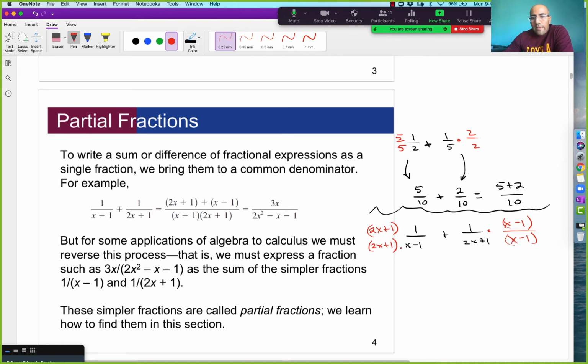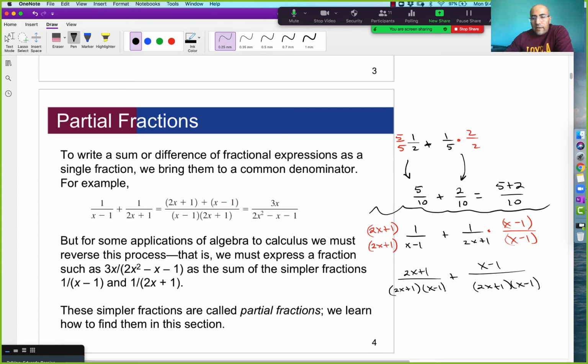And now we'll have a common denominator, which will be the product of these two under both fractions. So this fraction will become 2x plus 1 divided by 2x plus 1 times x minus 1 plus, and this one will become x minus 1 divided by 2x plus 1 times x minus 1.